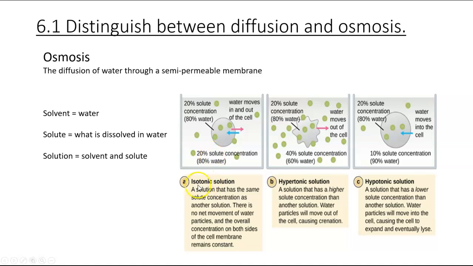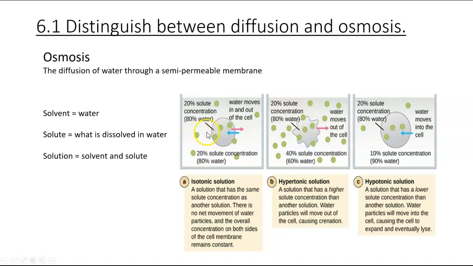So this would be called an isotonic solution. Iso means the same. According to the idea of osmosis, we always talk about the movement of water. Water is going to move from high concentration to low. It's a semi-permeable membrane, there's the plasma membrane, and in our example here, the solute, the salt or sugar, can't get across the membrane.